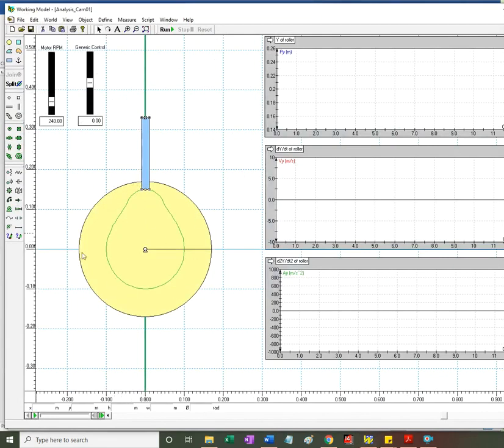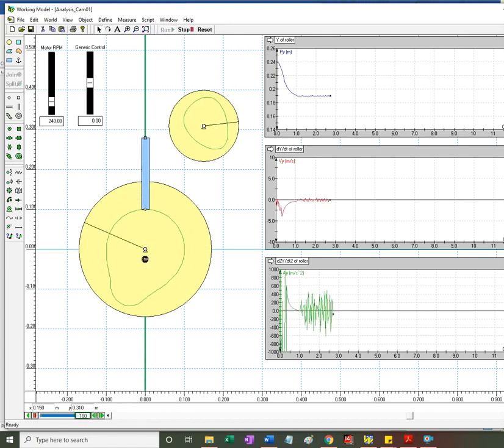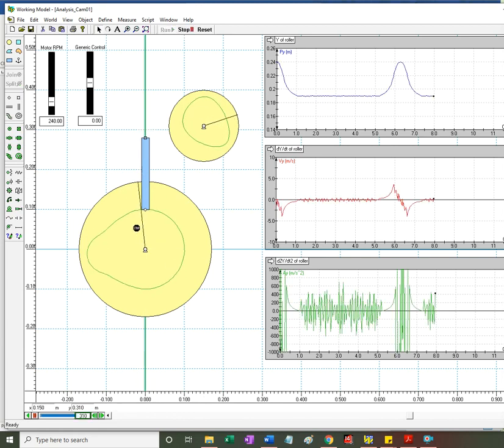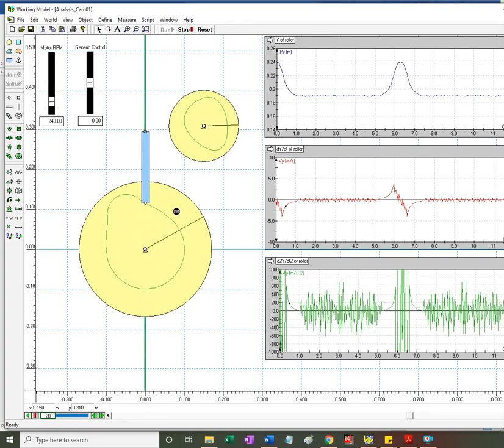In Working Model you can use a closed curve, like this one, and you can map it on a disk, and you can have a point constrained along this closed curve, like you see already done. So this is how you can model cams in Working Model. You can see it in an attempt to copy the profile of an existing cam.